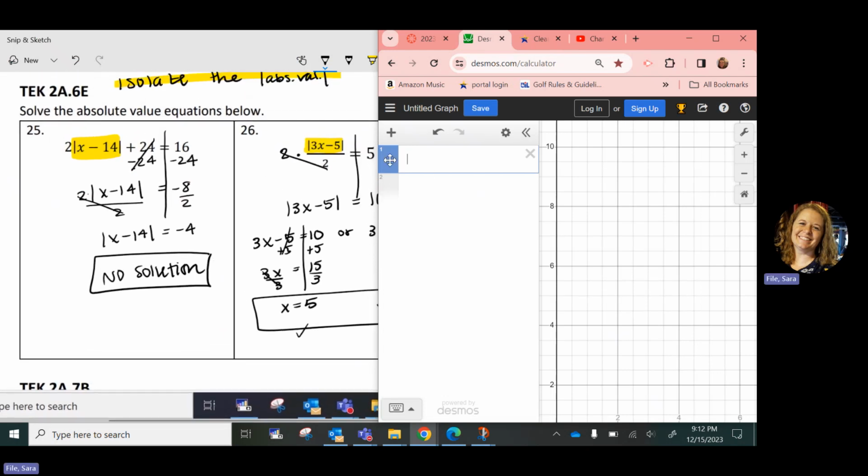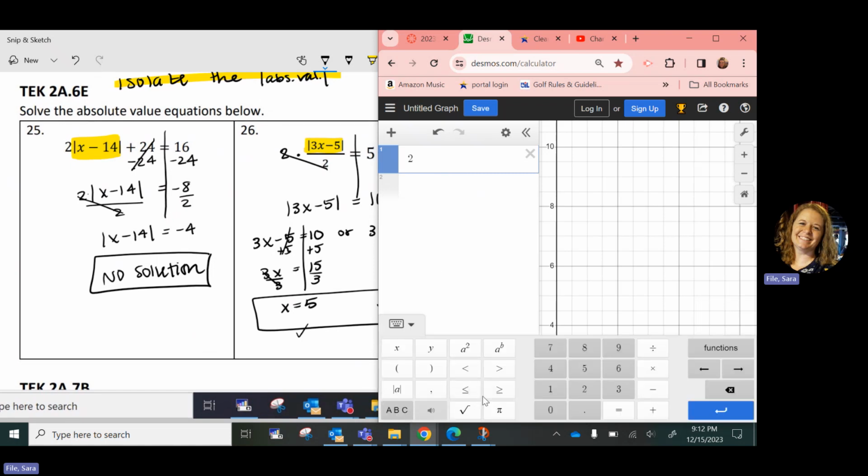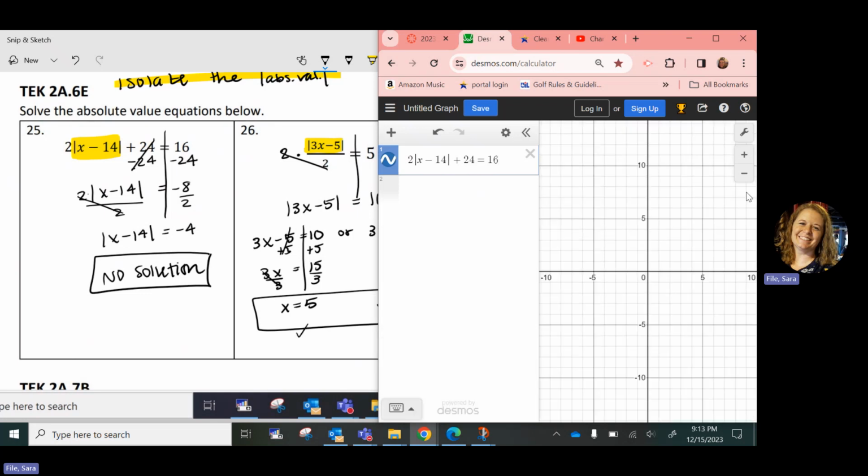I'll show you this first one and check it first. So we're going to do 2, and then the absolute value bars on the keyboard down here, right above the ABC. It's this absolute value of A, and then you can type what's inside. So x minus 14 plus 24 equals 16. So I can click on home and it recenters your graph.